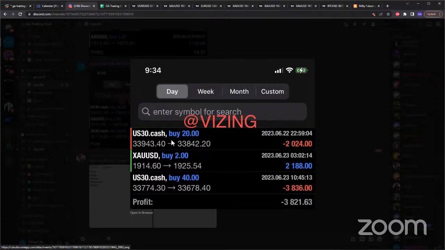If I didn't take the first US 30 buy that hit stop loss, I could have used a smaller TP and stop loss, and I could have made the 2K that I wanted to make. At that point I could have easily been up 2% for the day because my gold trade hit TP.